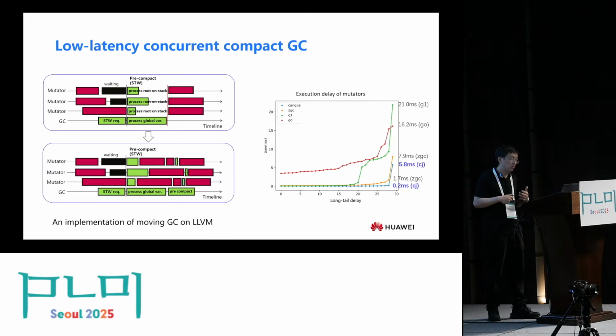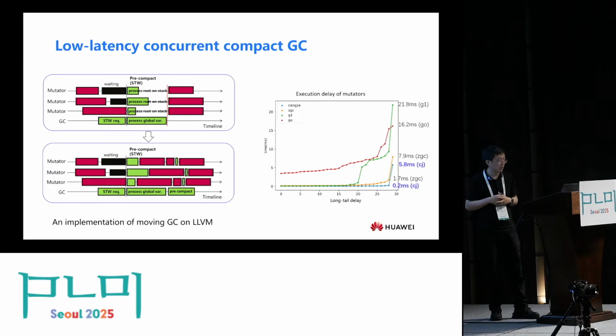In the implementation, we introduce read barriers for global variables so that we can eliminate some of the synchronization points and reduce the delay of the stop-the-world period. On the right-hand side, we have an experiment showing that the delay time for Cangjie, the blue numbers, is usually below 10 milliseconds. Most of the time, it's around 1 millisecond, which is quite reasonable.